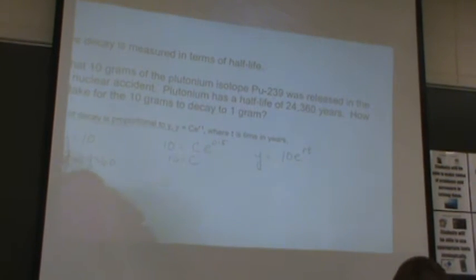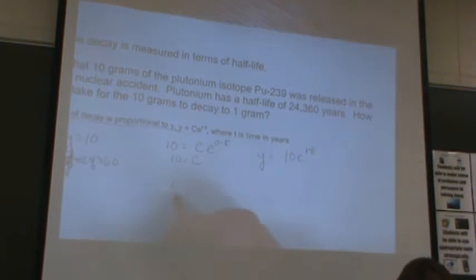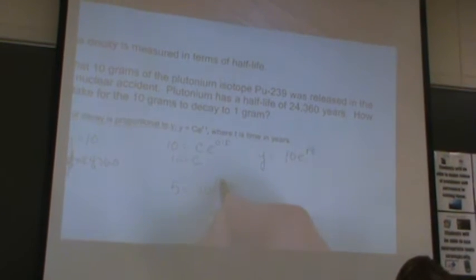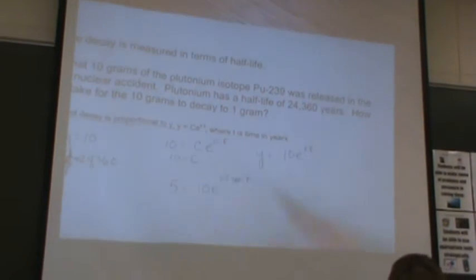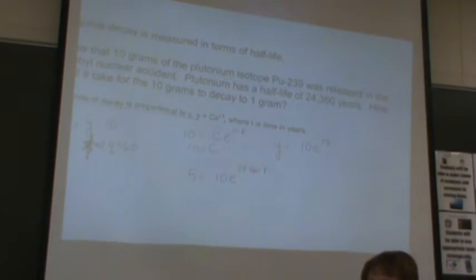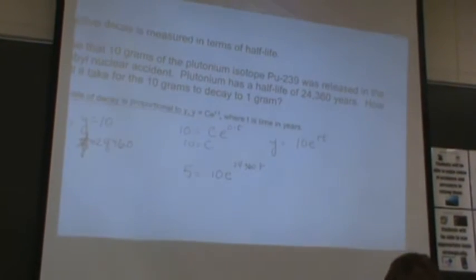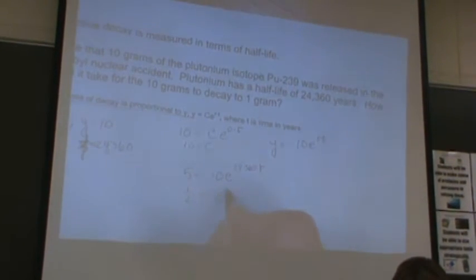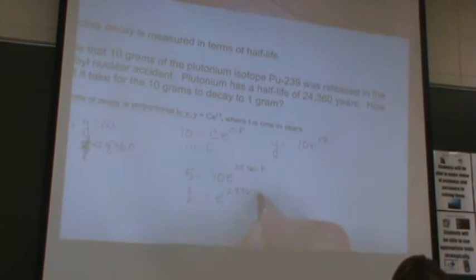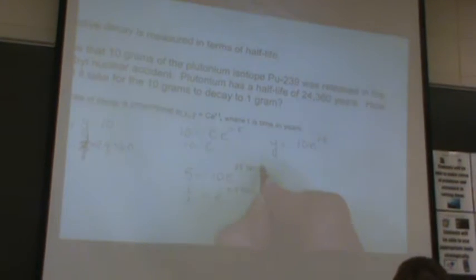We also have this 5 thing, so we know that 5 is equal to 10 e to the 24,360 times r, or k. The rate is sometimes used r, sometimes used k. Divide by 10, we have 1/2 is equal to e to the 24,360 r, or k. I'm going to use k's because I like k's better.